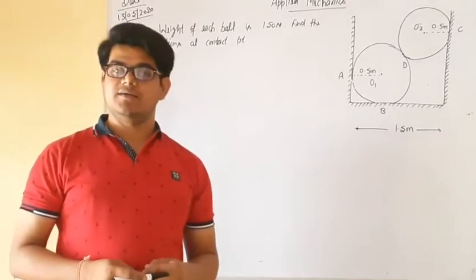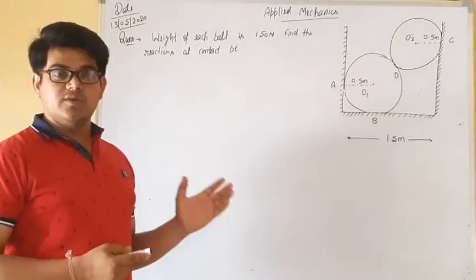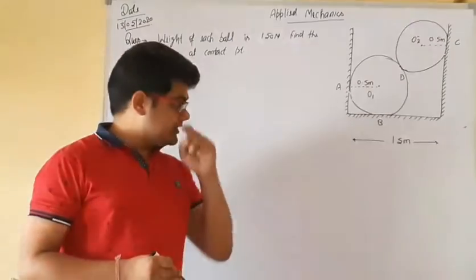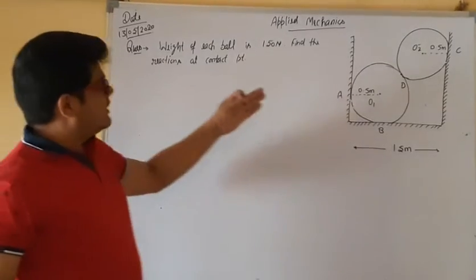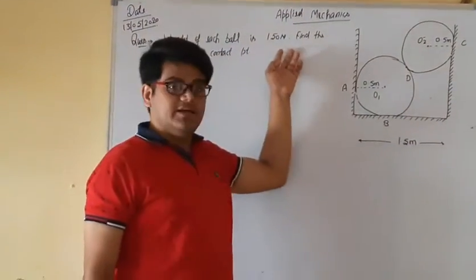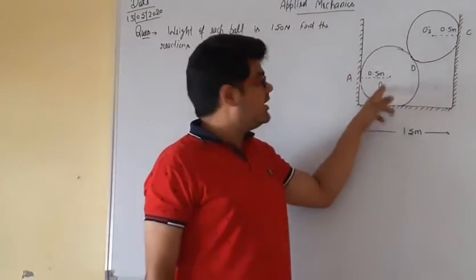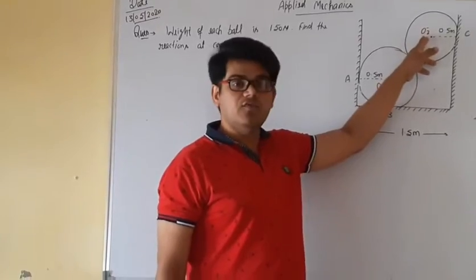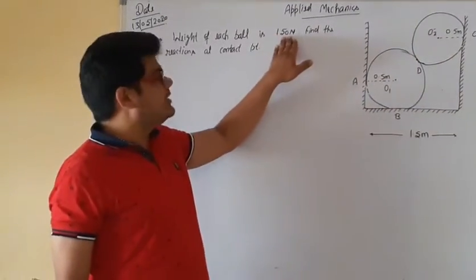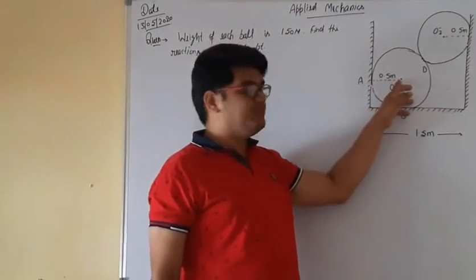Now, let's start some numericals based on Lami's theorem and resolution of forces. The first numerical: the weight of each ball is 150 Newton. Here there are two balls, the first ball with center O1 and the second ball with center O2, having the same weight of 150 Newton, and the radius of each ball is 0.5 meter.